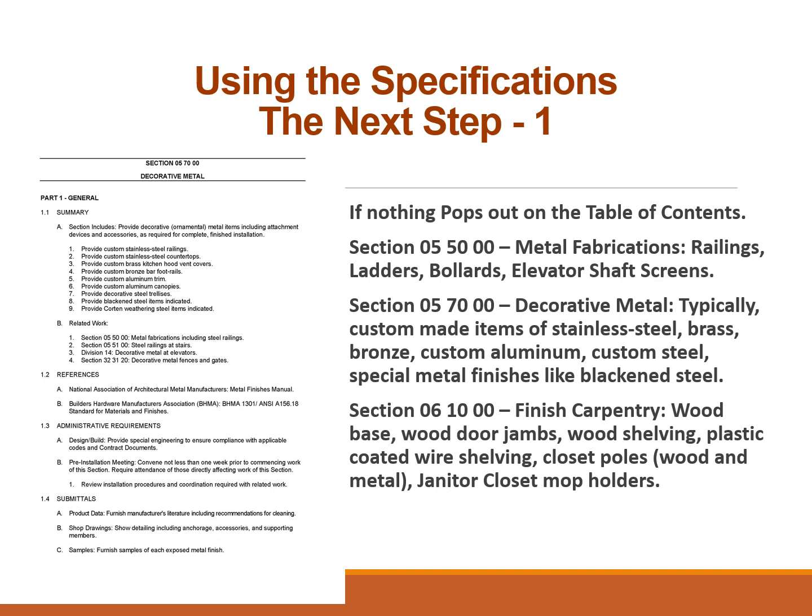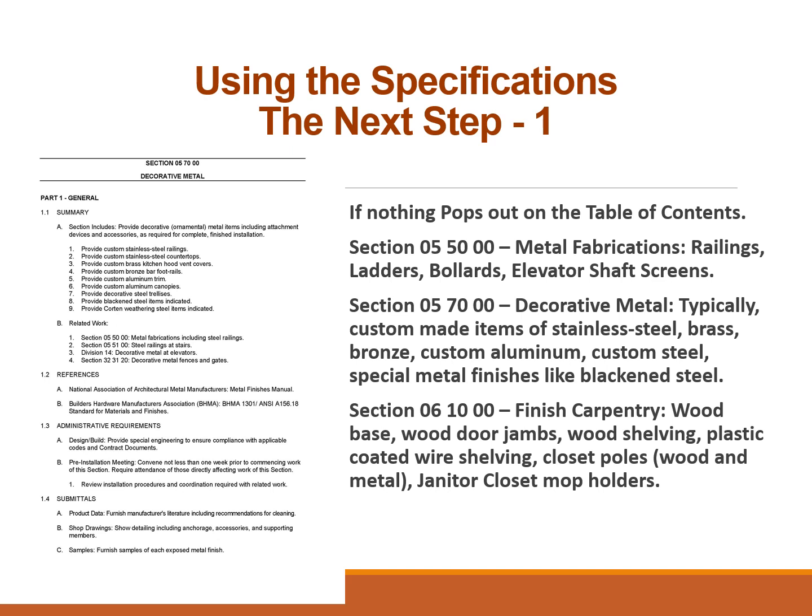That doesn't seem to include anything with door or door frames. Decorative metal 057000 covers typically custom-made items such as stainless steel, brass, bronze, custom aluminum, custom steel, and special metal finishes like blackened steel. But once again, door frames aren't typically custom.